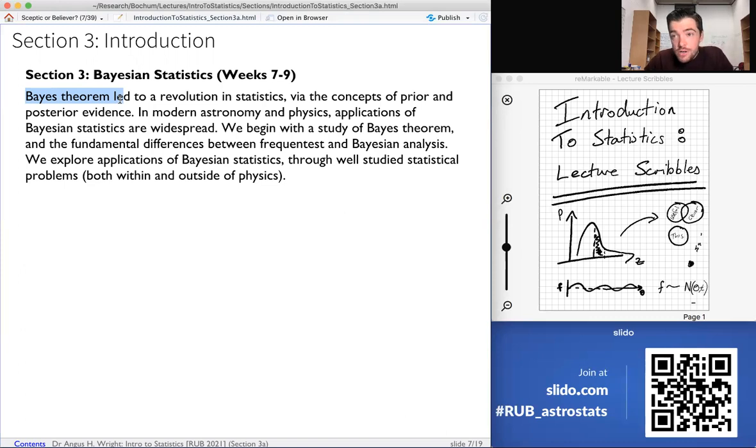I think it's not unreasonable to say that the applications of Bayesian statistics in modern astronomy and modern physics are very, very widespread, and that you will use Bayesian statistics in one form or another, subconsciously or consciously, in essentially every day of your life. And we'll see why that is in a minute.